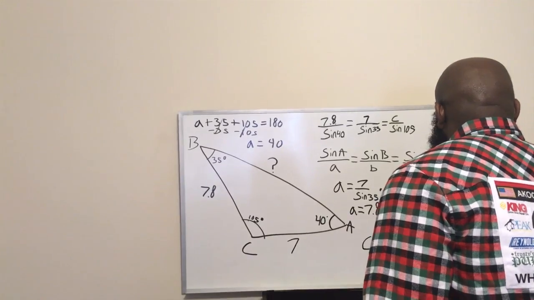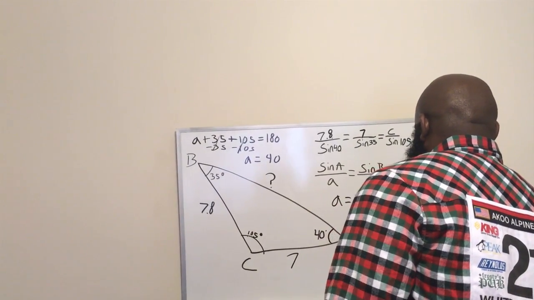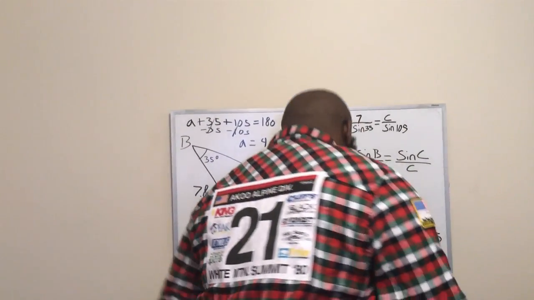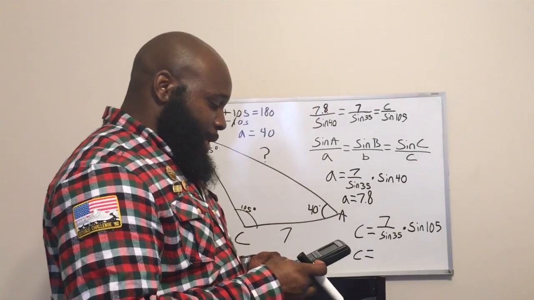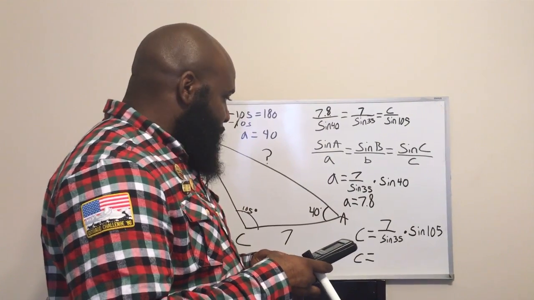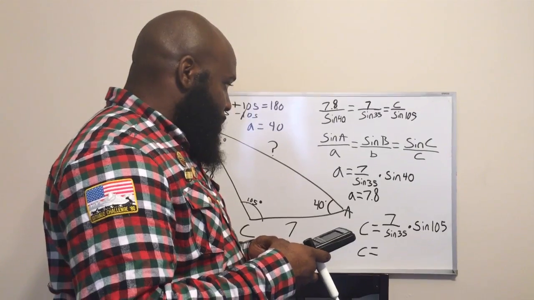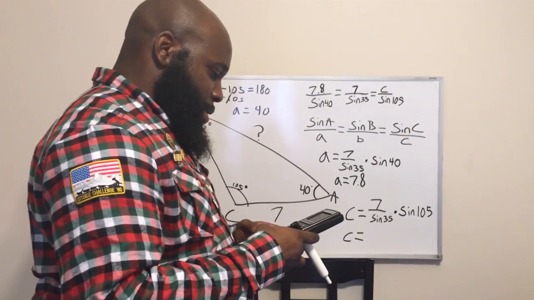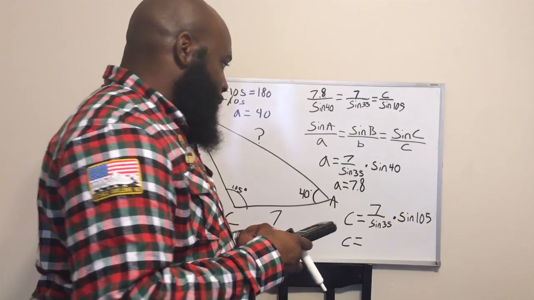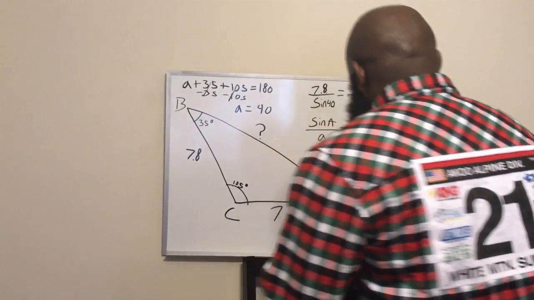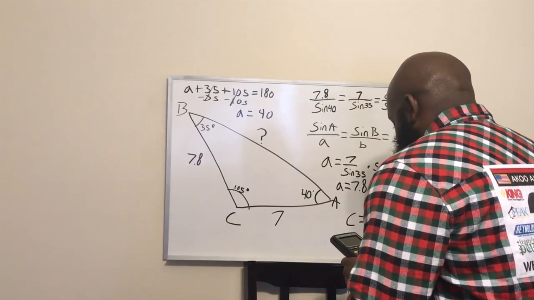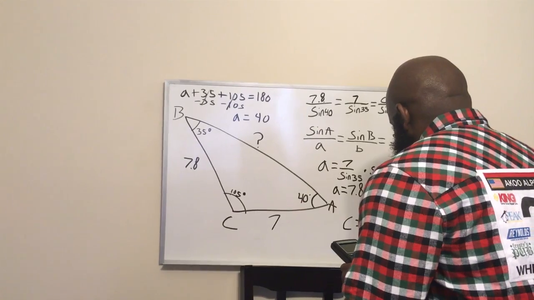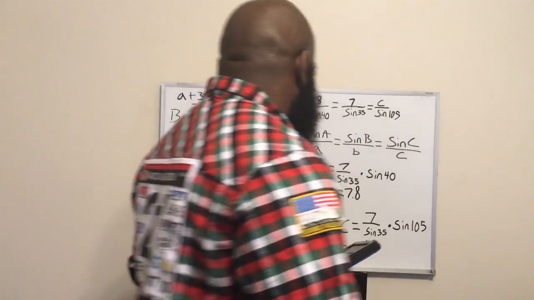So let's get our calculators and see what that equals. So side C gives us 11.8, pretty much.